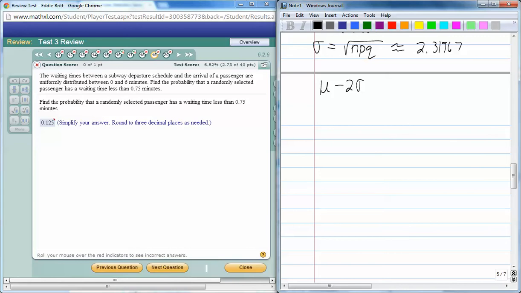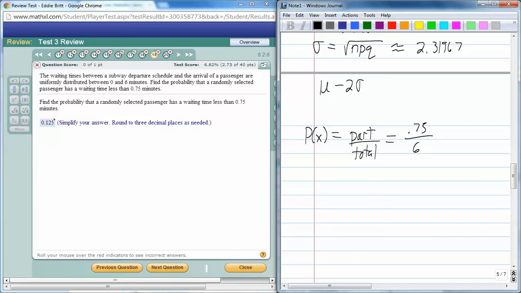Remember probability, just a real classic run-of-the-mill look at probability, is like part over total. And so we want to take our part, how much time we've been waiting, and we want to divide that by the total amount of time. So if we apply that, it's just 0.75 divided by 6.